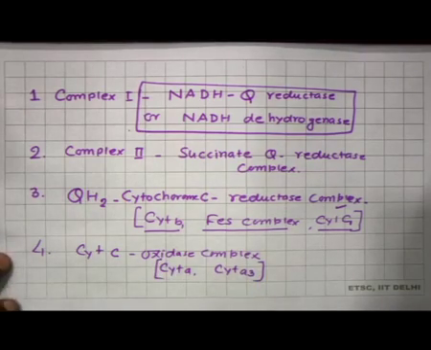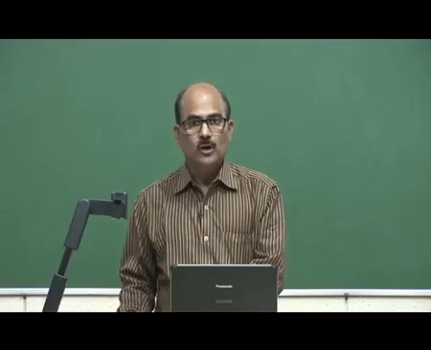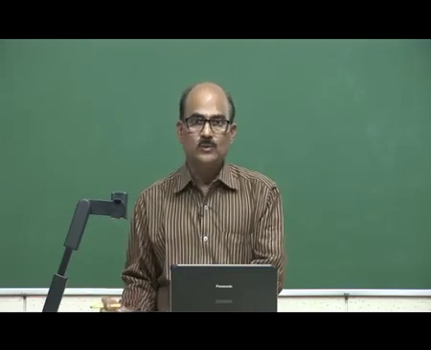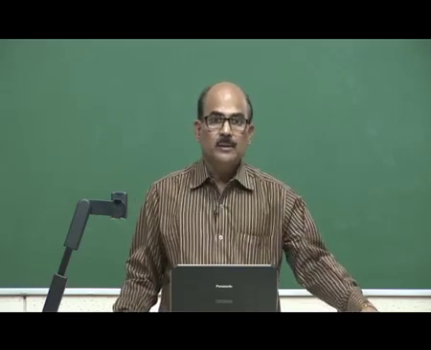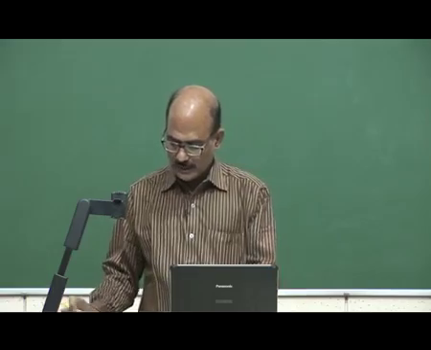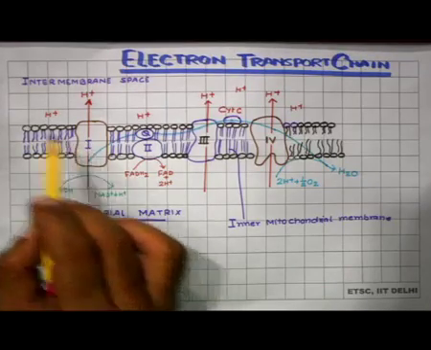When we know all 5 types of complexes, we can easily work out how the electron is transferred from one complex to another complex. The structure of the complexes is of this type, that is, in the electron transport chain the complexes are arranged in this form.